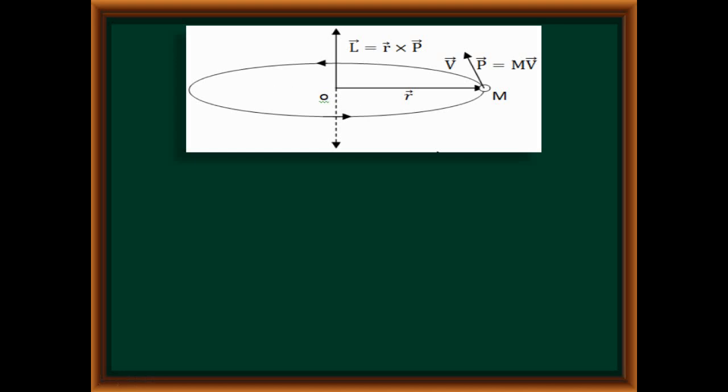The plane of the lamina is the horizontal plane. Now this R is the radius vector, and from this radius vector we can draw the velocity vector as well as the linear momentum vector in the direction. And the direction of the angular momentum is given by the right hand thumb rule, and this is the direction of the angular momentum.